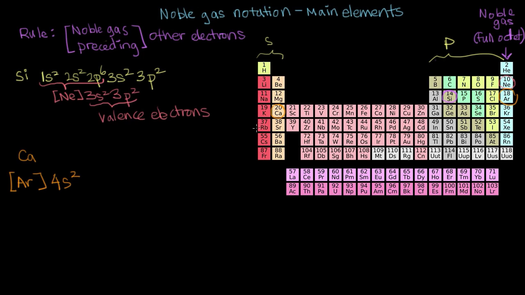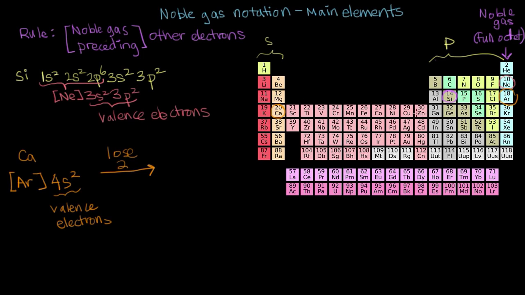Does calcium have a full octet? We know that these are the valence electrons, and we also know that if it did have a full octet, it would actually already have a noble gas configuration. It would either have krypton or argon, and in this case, it turns out that calcium prefers to lose 2 electrons as opposed to gaining a bunch.